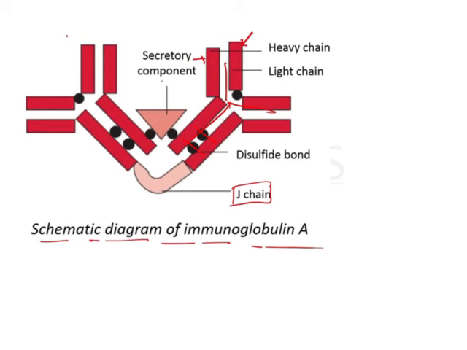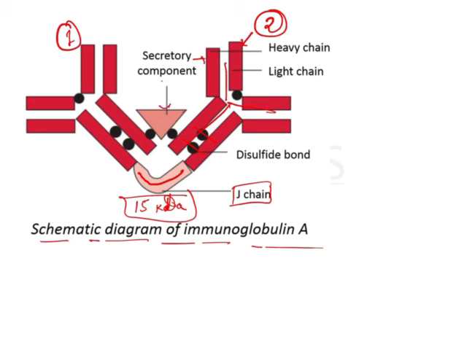This is one monomer and monomer number 2, and they are joined with each other with the help of a small glycopeptide chain which is 15 kDa, the weight of the J chain glycopeptide, and that joins both the single monomers of the IgA.